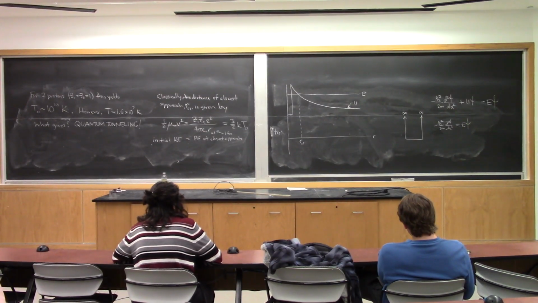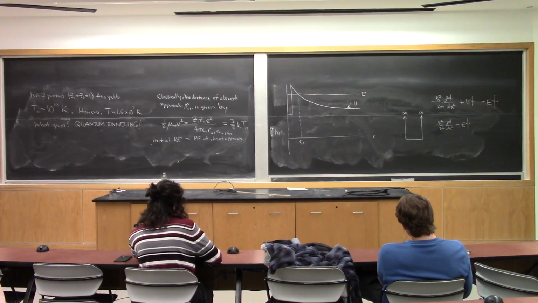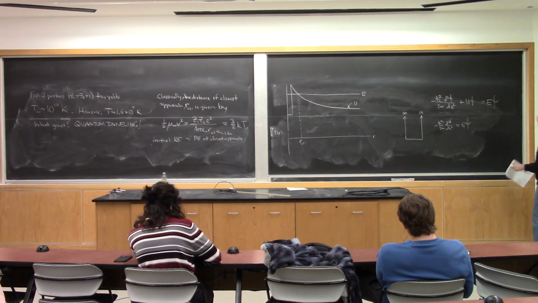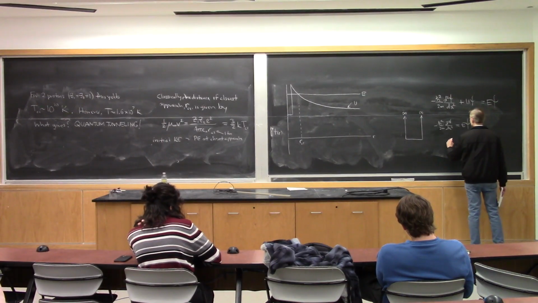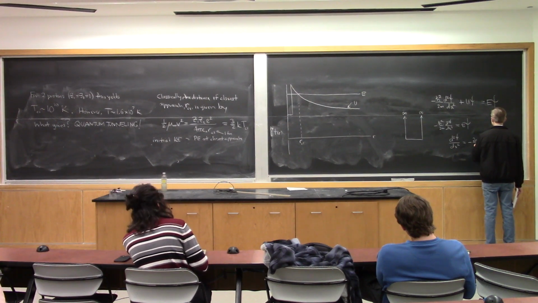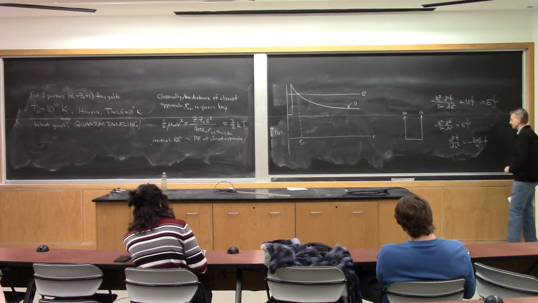And so then we do this. We say, okay, d squared psi dx squared is equal to minus 2mE over h bar squared psi.